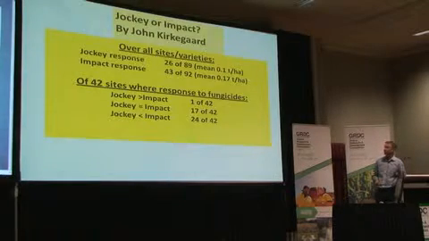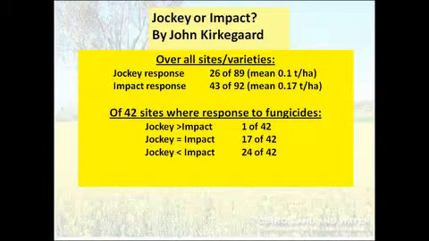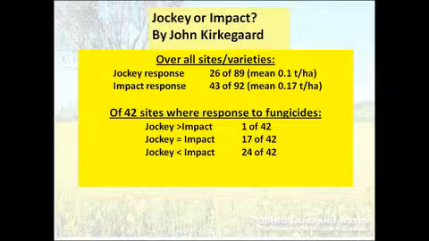Some work that John Kirkegaard did from CSIRO, when he basically trawled through all the literature that had been done on the two and looked at the yield responses. So in 26 out of 89 cases where there was a yield response, the average yield response with Jockey was 0.1 of a tonne. With Impact, it was considerably better at 0.17.